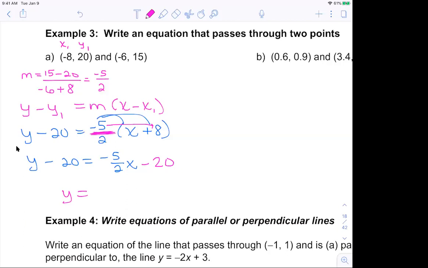Getting y by itself. So if I add 20 to both sides, my 20s end up canceling on both sides, and we just have negative 5 halves x. That's it. That's our equation.